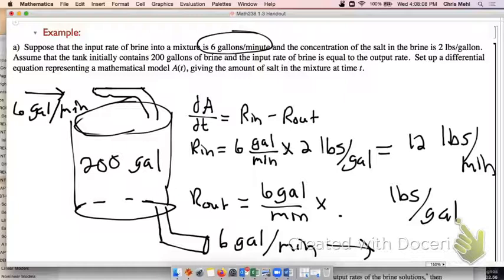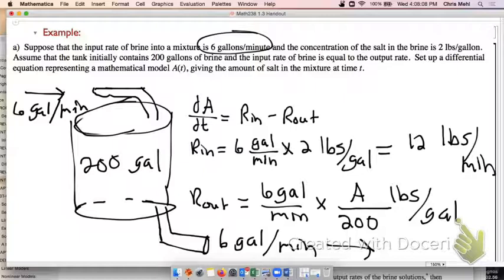Well, what the concentration would be is this. At any time t, there are A pounds of salt in that tank. And if you want pounds per gallon, at any moment t there are actually 200 gallons of solution in that tank, because 6 gallons per minute are coming in and 6 gallons per minute are leaving.